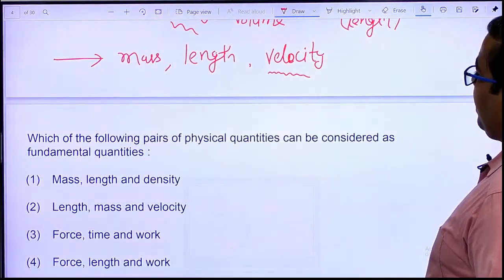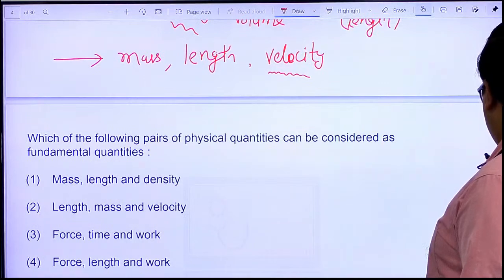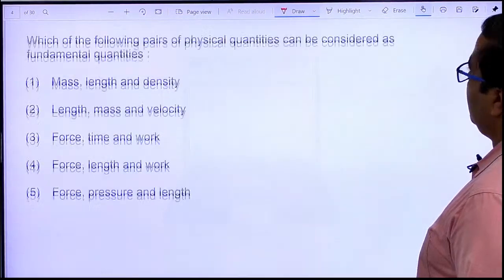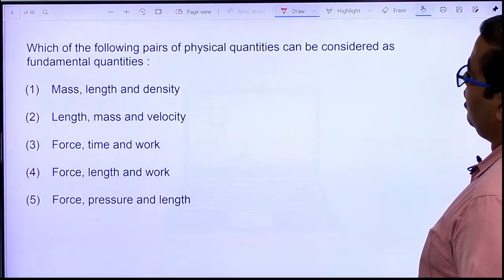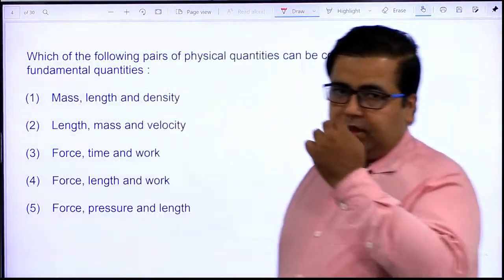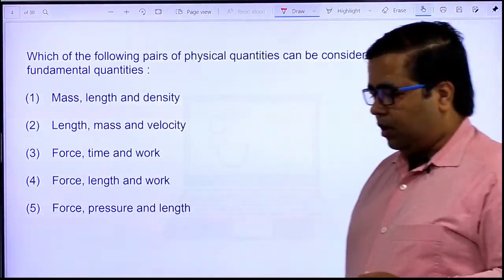Let's see another example. Let's see this one. Just see first, and after that I am going to discuss this. Just try to solve this.